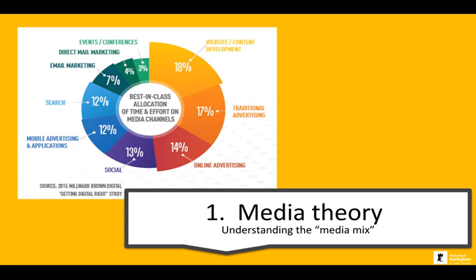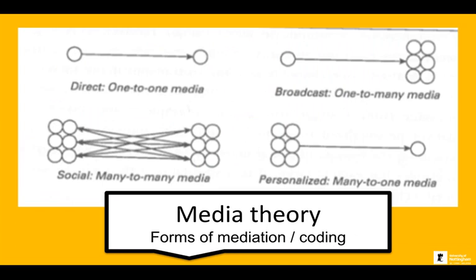If you go into actual media theory, things start to look different. In actual media theory, the focus isn't on the type of media itself or the type of technology. The focus is usually on understanding the type of relationship that a media allows between a sender and a receiver. The technical name for this is mediation.